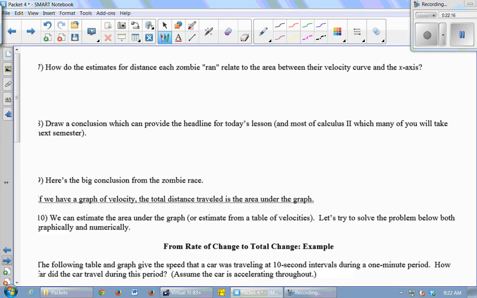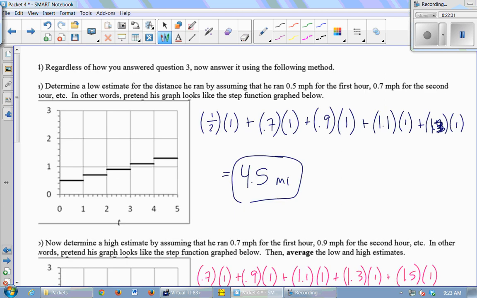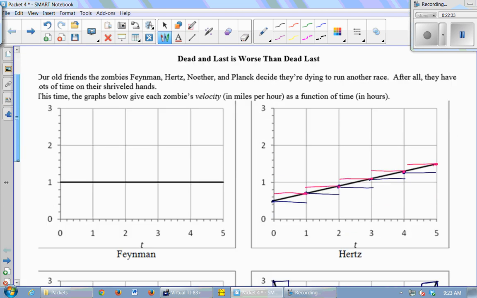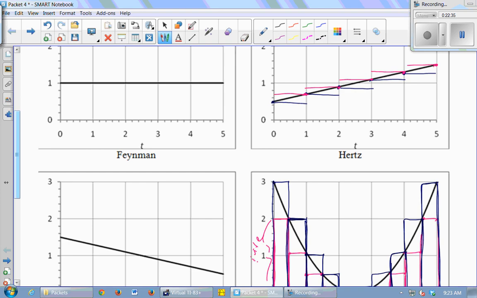So how do the estimates for the distance each zombie ran relate to the area between their velocity curve and the x-axis? Yeah, that's what distance traveled is. For Feynman, it was exact, right? Look at this velocity time graph.